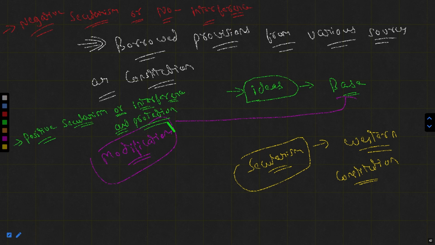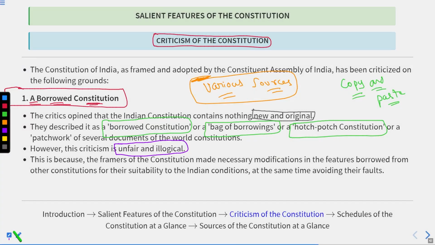So, however we borrowed the ideas, we made modifications so that they would be suitable to Indian conditions, at the same time avoiding the faults of the ideas, or the conditions prevailing in the countries from which the ideas come.